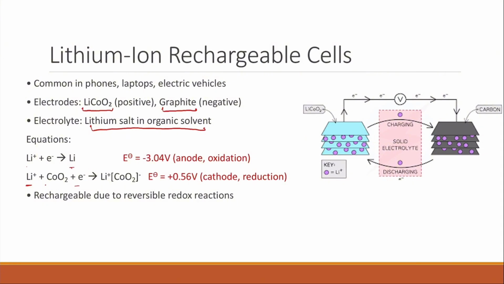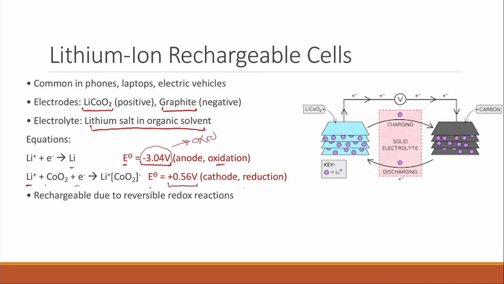The standard electrode potential for the first one, as we can see, is minus 3.04 volt, and the second one is plus 0.56. So which one is going to be oxidation? Which one is going to be reduction? This one has the lower value, more of a negative charge. So this is going to be the oxidation, as we can see, and the other one is the reduction.